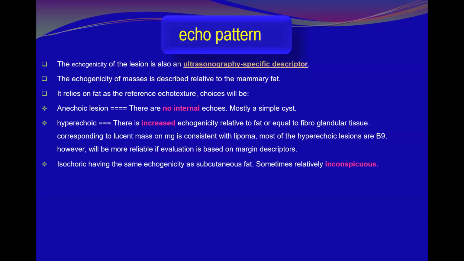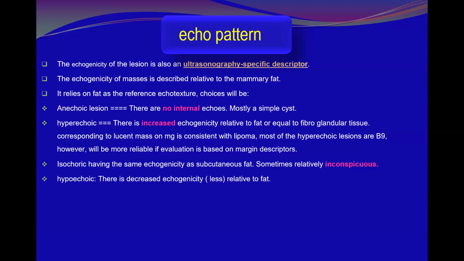Most of them are benign, but we still have some hyperechoic malignancies. Isoechoic is when the lesion has the same echogenicity as the surrounding fat, which sometimes makes the lesion relatively inconspicuous.